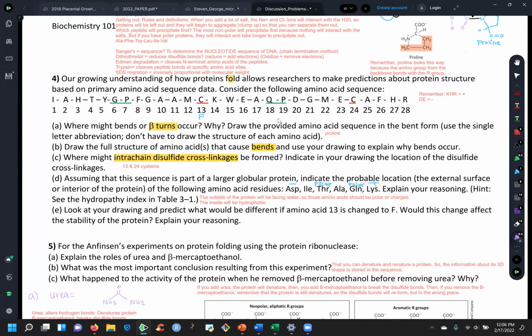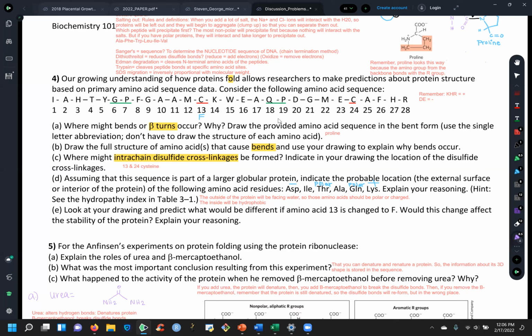Normally, the R group is free to mingle with other stuff, but in proline it's already attached and curved, like, you can't move me, I'm stuck here. So that's why beta turns love proline at the turns.